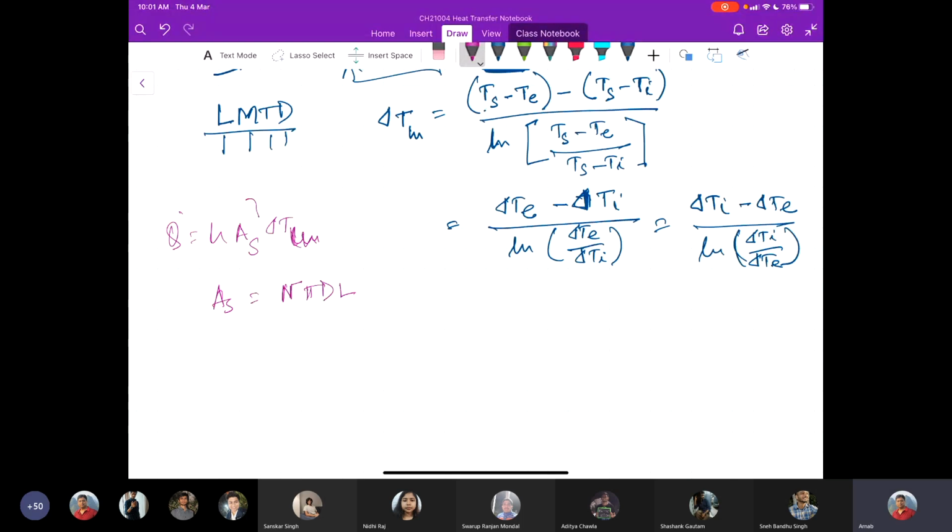Now this thing is also equal to m Cp delta T, which is exit minus inlet.